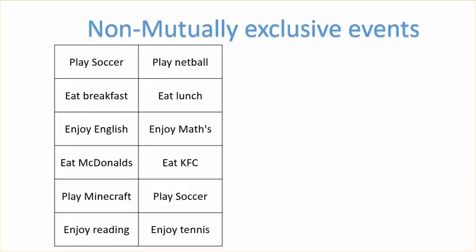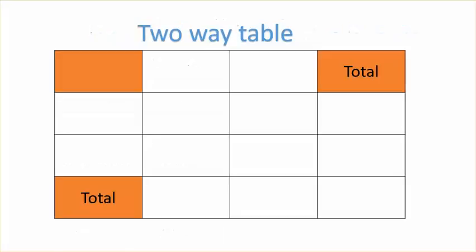Now with those things in mind, I want to introduce you to the concept of a two-way table. Okay, and here's what it looks like. Notice that this two-way table has 4 columns, 1, 2, 3, 4, and 4 rows, 1, 2, 3, 4. It's called a two-way table because we're going to be looking at 2 types of event. The first one we're going to look at is playing soccer.